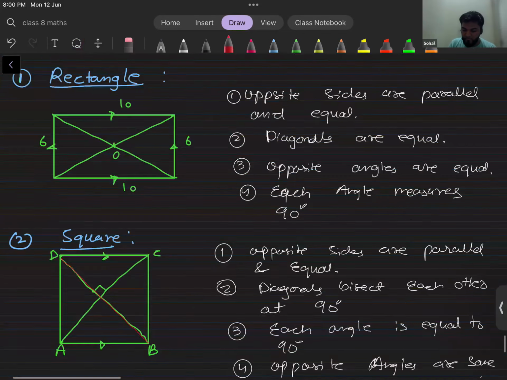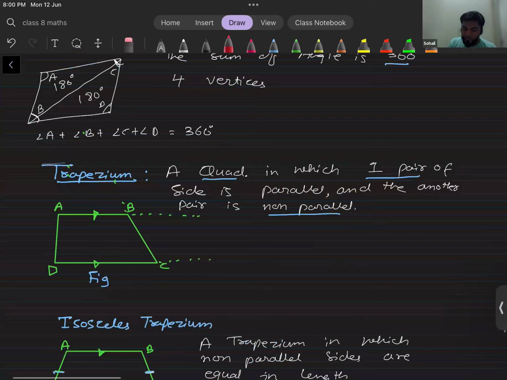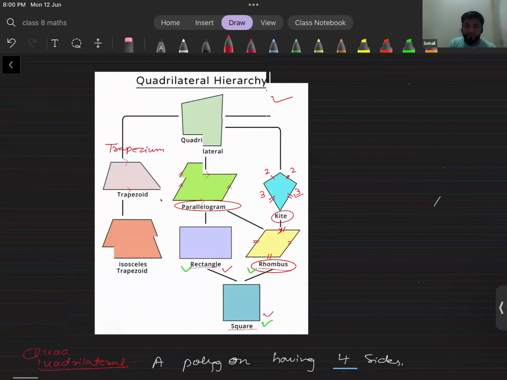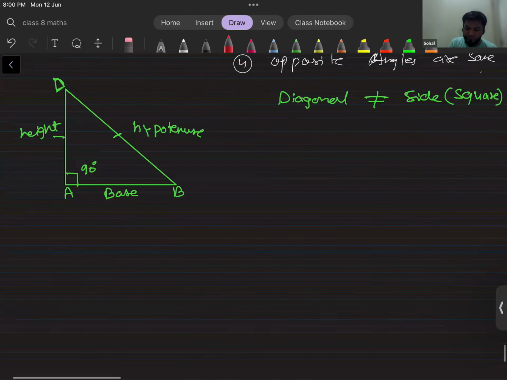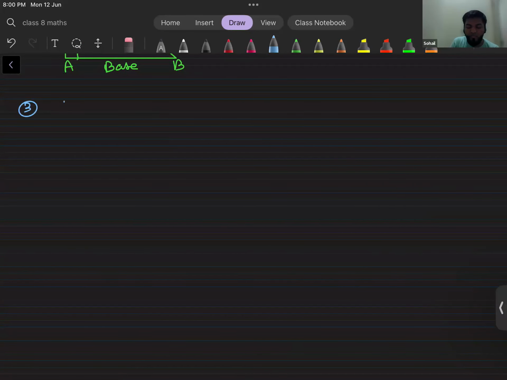Now, next you have a rhombus here. We have talked about rectangle, square. Let's see a rhombus. What is special about a rhombus? Do you know about rhombus? No. Okay. Look, a rhombus is a parallelogram in which all the sides are going to be equal.